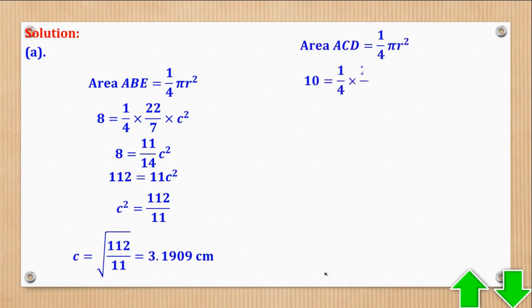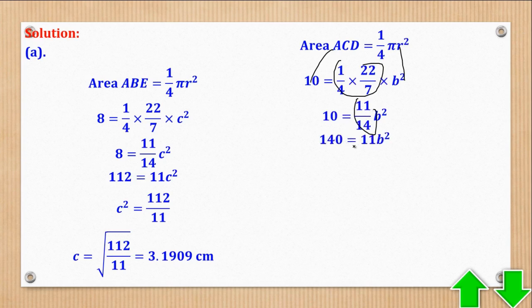Then for area ACD, we shall still do the same. Radius is B, area is 10. So this one simplified to come up with 11 over 14. Cross multiply this with this gives you 140. Divide both sides by 11 and get a square root.